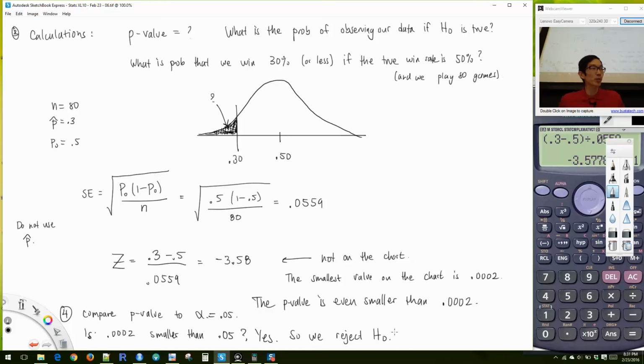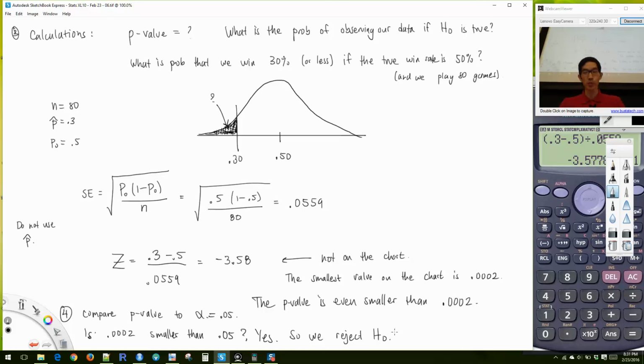But if it doesn't say anything, you can assume it's 5%. So if our p-value is smaller than 5%, if otherwise stated different value, we always reject it? Yeah, if your p-value is less than 5%, you can reject the null hypothesis, okay? Did everyone get this down?